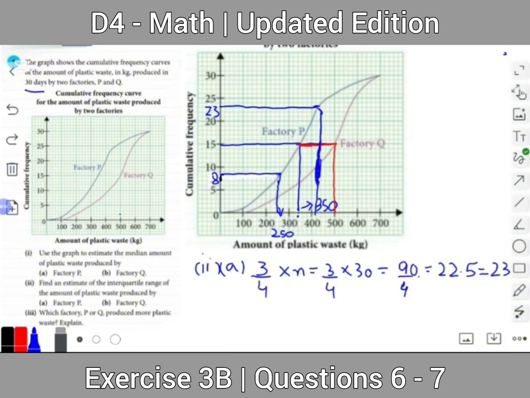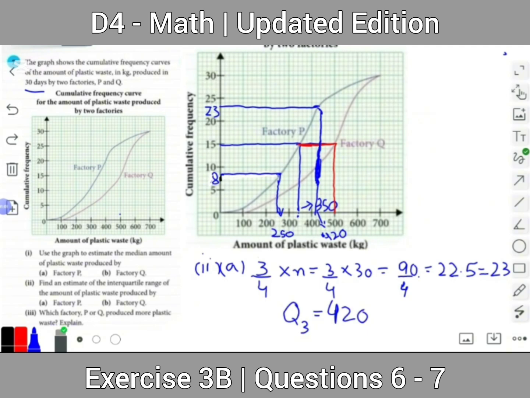So here we have the value 420, just because each square unit along the x-axis is equal to 20. Q3 is equal to 420.